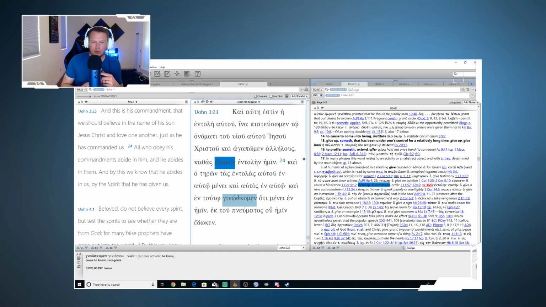Kai en toutō ginōskomen hoti menei en hēmin. And by this, we know that he remains in us. Okay, ek tou pneumatos. So that from the Spirit whom he gave to us.